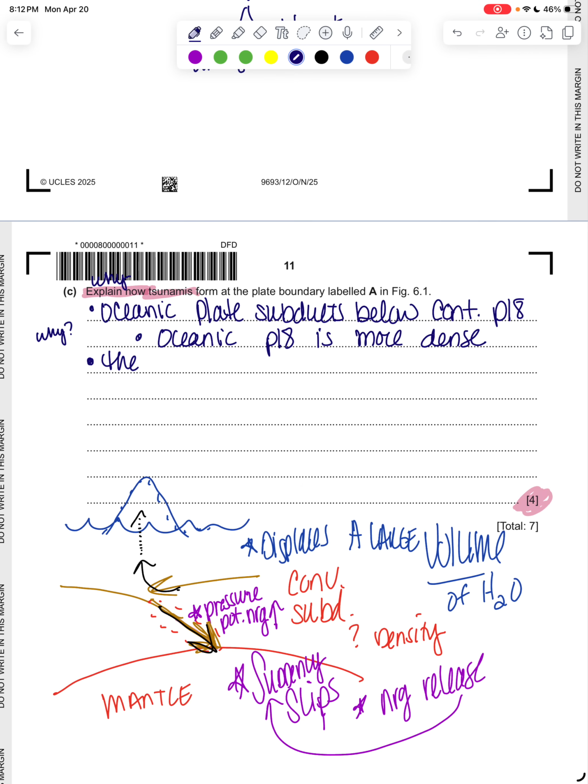Oh, I know, I forgot a word down here. Pressure potential energy increase because they're stuck. The plates, like, they can't slide past each other. They're miles and miles thick. The plates get stuck or locked.